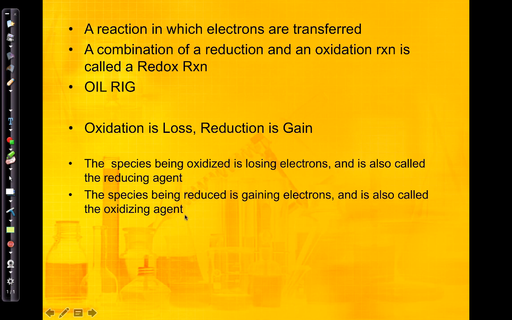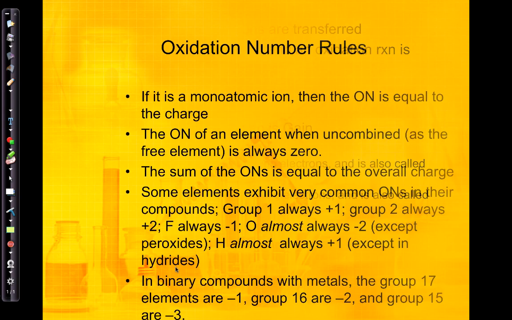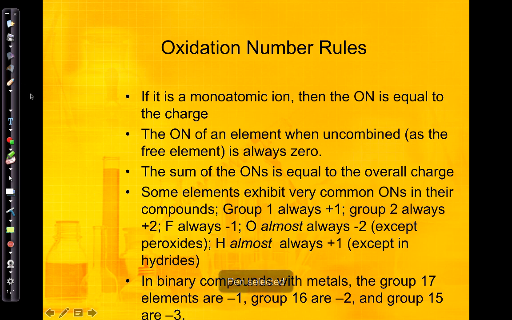So an oxidation number is more like a theoretical charge. So how do we get the oxidation number? Well, if it's an ion, the charge of the ion is the oxidation number. So if I were to have aluminum with a +3, well, the oxidation number is also +3. So the charge and the oxidation number are the same thing.